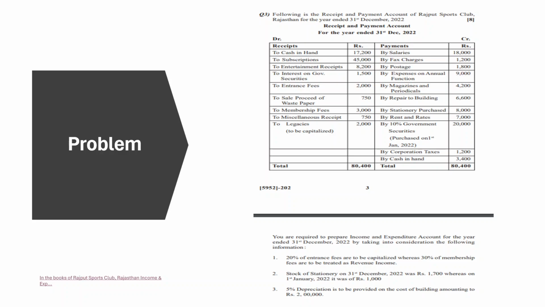Now the account is closed and tallied for both sides, receipts as well as payments, 80,400. Okay, so it is the receipt and payment account provided there.